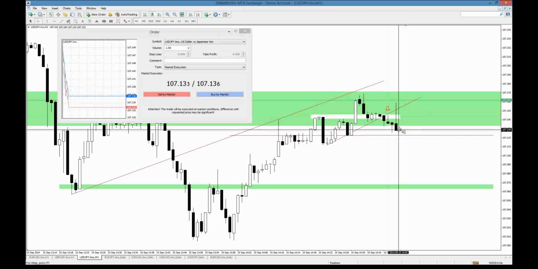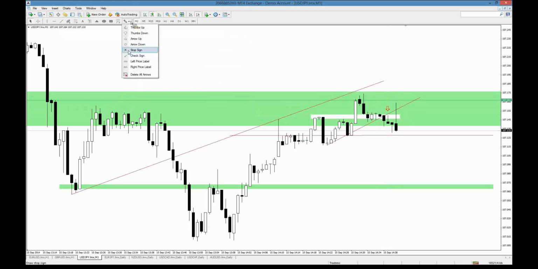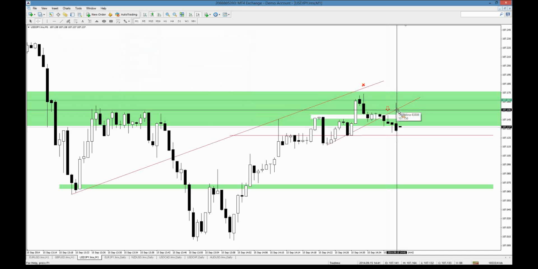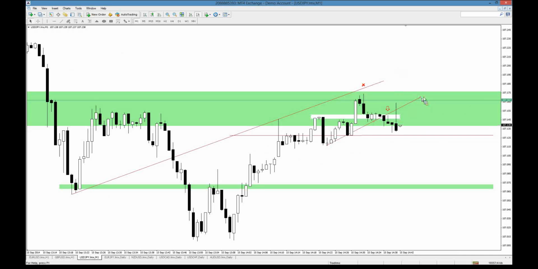Okay, so we get in here, we got filled late, and now you can see we're coming off, but we get taken out. Maybe you wanted to stop above the high there. You see the rejection that we get off, that's pretty decent. But I'm just giving you guys an idea of how you can look at entering these things. If we get taken out for 2 pips, that's fine.